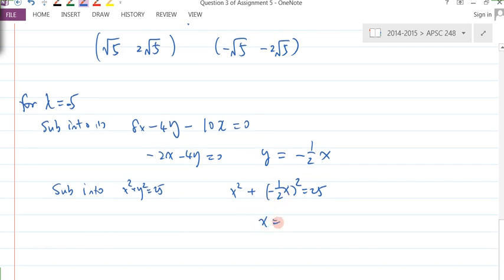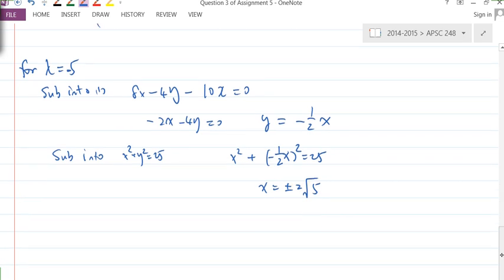The solution for x is positive and negative 2 root 5. So when x is positive 2 root 5, y equals negative root 5.